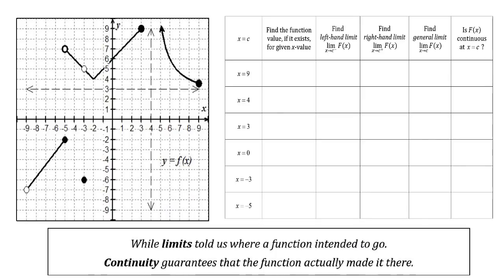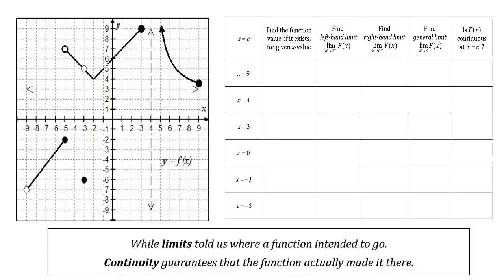So our next thing, for our very first part of this, we need to see whether or not a function has a value at the given x value. So what that means is we're going to look to see, do we have some for sure values here? Starting out at x equals 9, do I have a for sure value when x is 9?